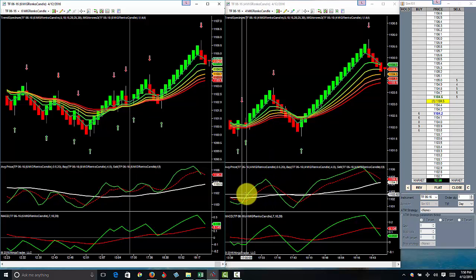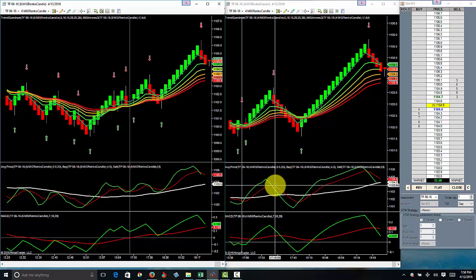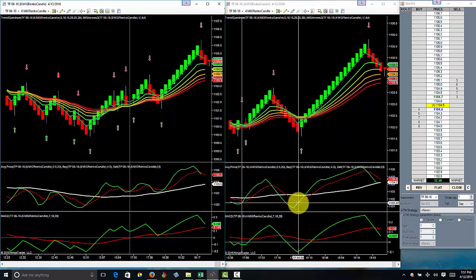Okay, so we got green over red, so it's saying that we're buying, but we get so high in the buying to where we say that we are overbought. So sellers are going to begin to come in, and look what happened here. We get red over green, and we're going down, down, down, and guess what? We are oversold now, and now we've got to get the buyers to come back into the market. And guess what?